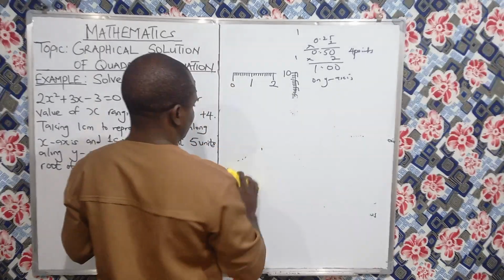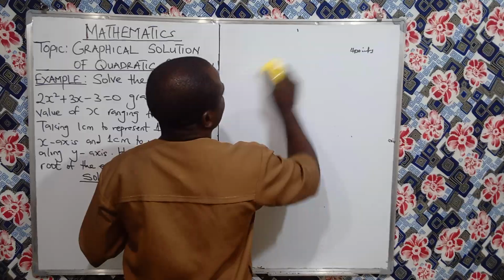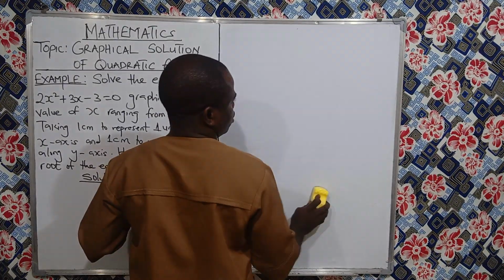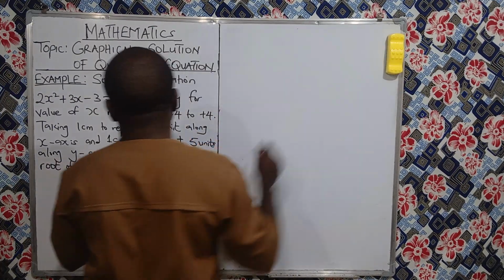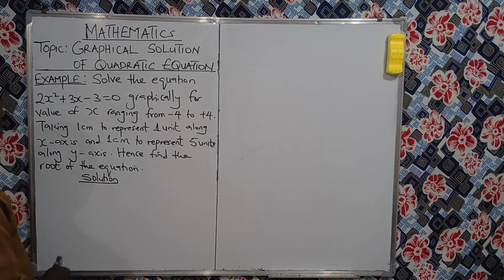But today, we're going to be talking on 1 centimeter to 1 unit on x-axis and 1 centimeter to 5 unit on y-axis. Hence, find the root of the equation.